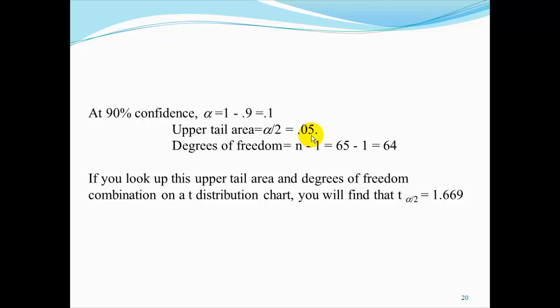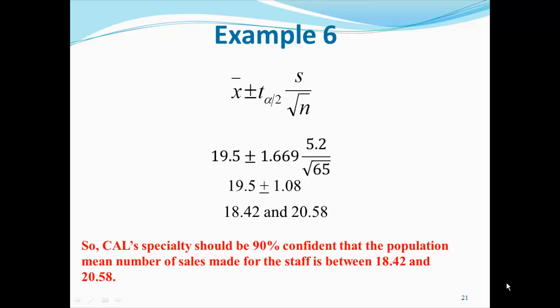Your degrees of freedom is n minus 1, or 65 minus 1, which equals 64. If you go to the t-distribution chart and look up this upper tail area and degrees of freedom, you'll find that our t alpha over 2 value is 1.669. Therefore, we can plug in our x bar, our t alpha over 2 value, our standard deviation value, and our n value.